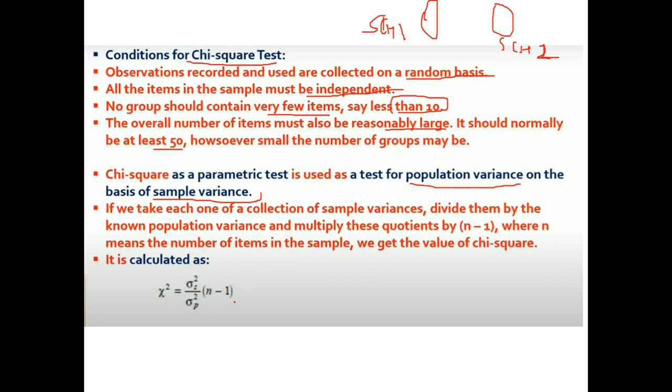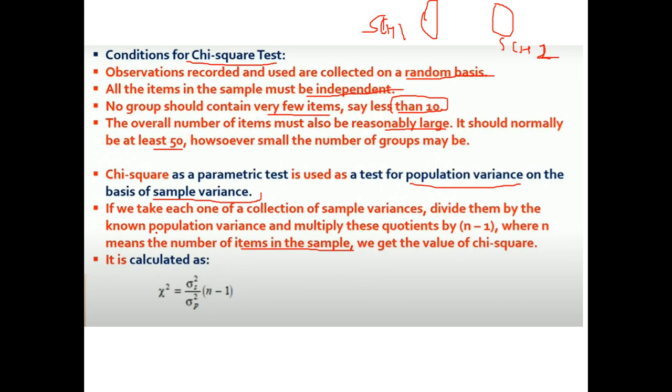Suppose you have 10 persons' data, you are able to calculate 9 persons' information, so obviously the 10th person's information you can extrapolate. That is why we come up with n minus 1, where n is the number of items in the sample size.